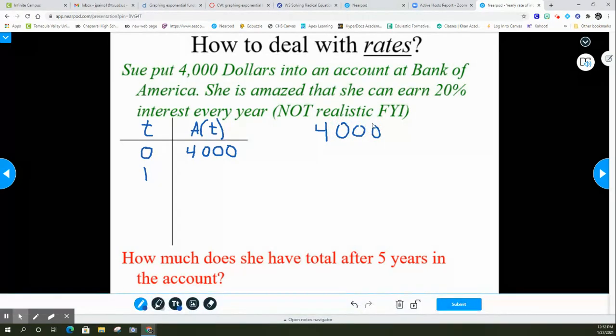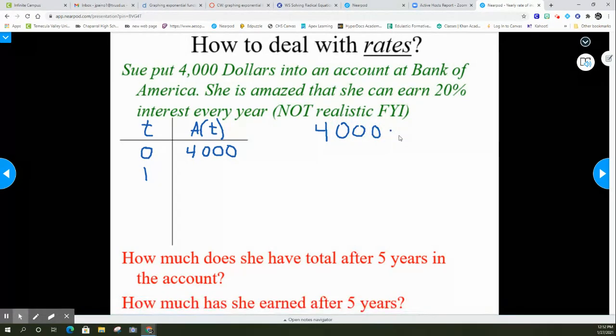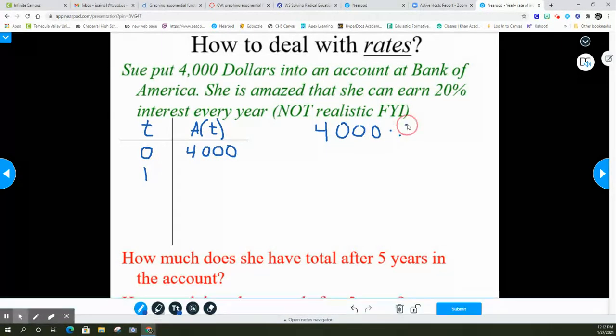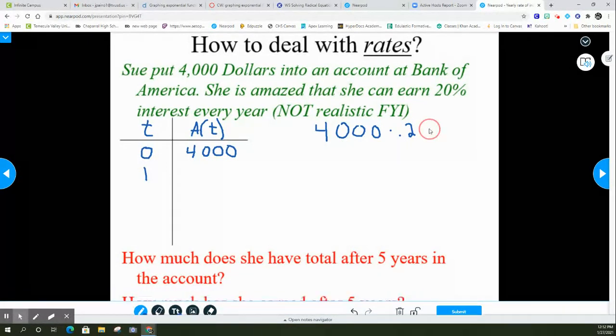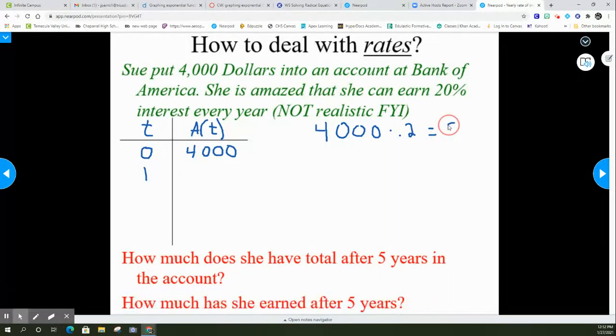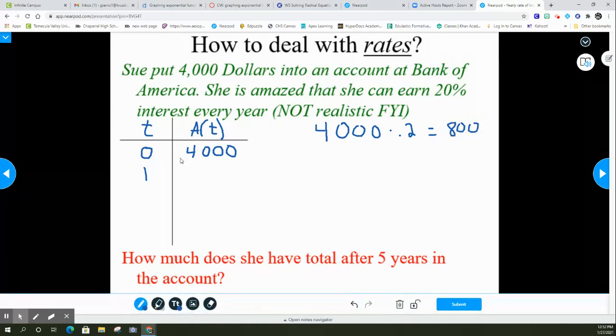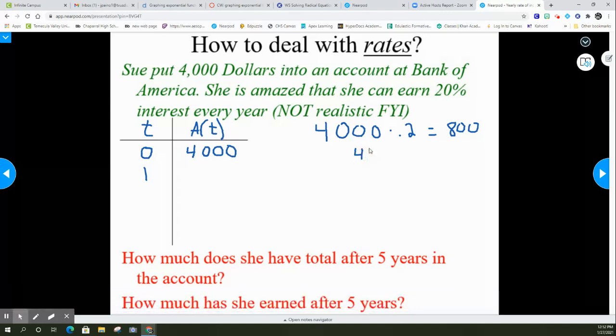If you multiply 4,000 times 0.2, you're going to end up with 800. So she earned $800. What does she have in her account? She has the original 4,000 plus the 800, so she's going to have 4,800 in the account.